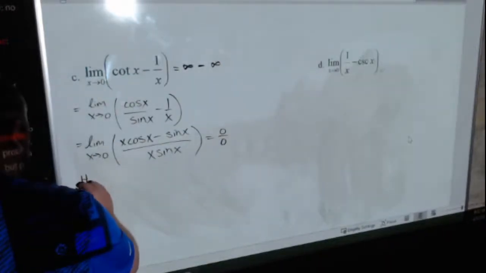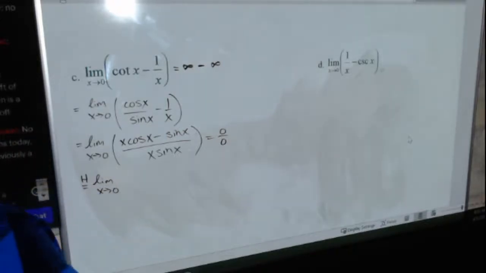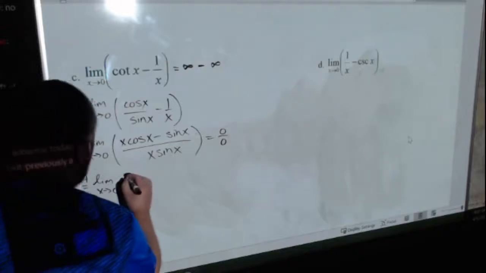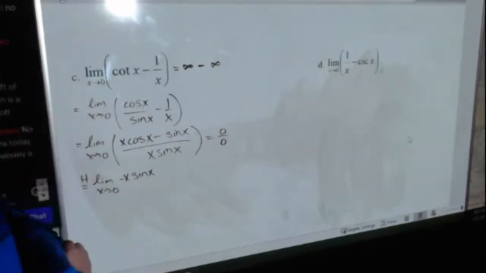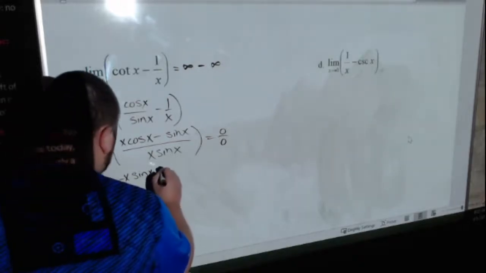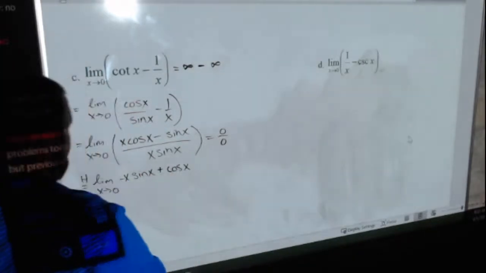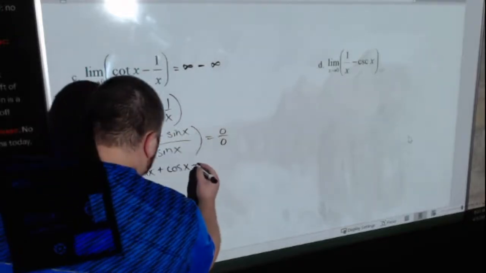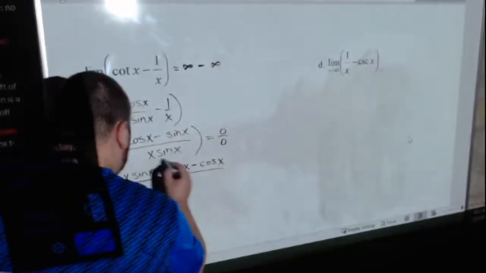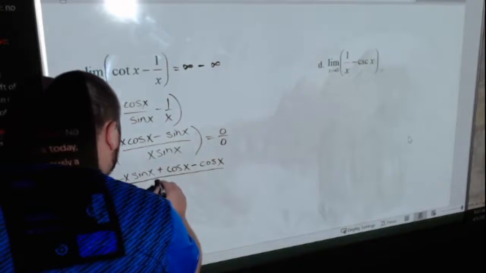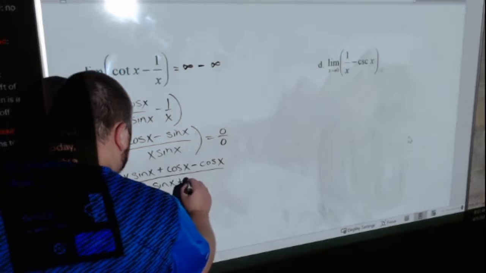So we can use L'Hopital's rule by taking the limit and differentiating top and bottom. This is a product. So that would be minus x sine x plus derivative of x is 1 and leave the cosine alone. Derivative of sine is cosine. All over. Derivative of x is 1. Then leave x alone.